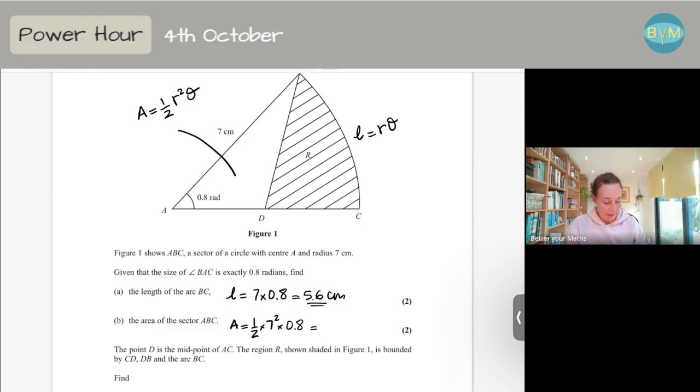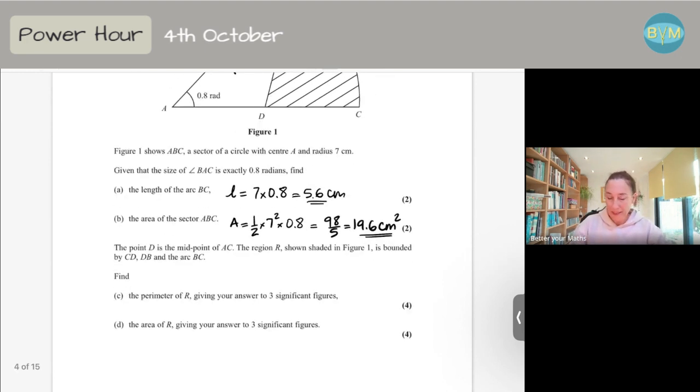It's just using the formula. And I get 98/5 or 19.6. You can leave it either way. 19.6, and because it's area, centimeters squared. When you have units, I always recommend you write the units because sometimes you don't miss marks, but sometimes you do.